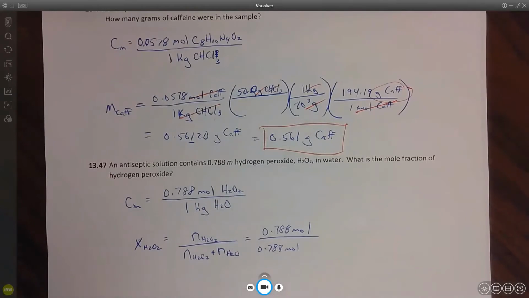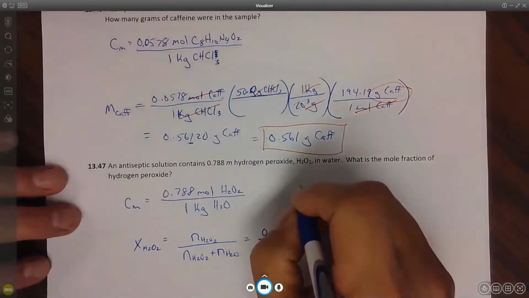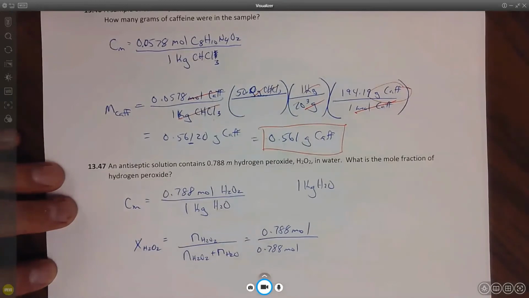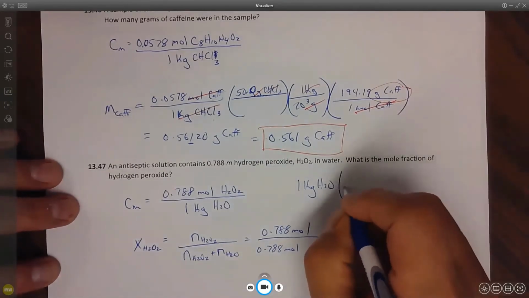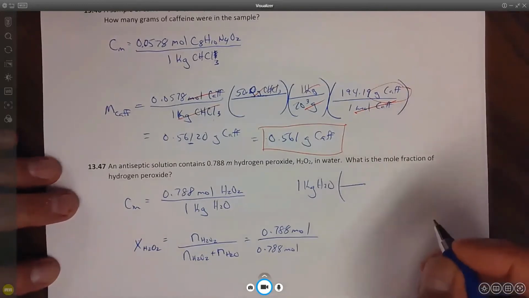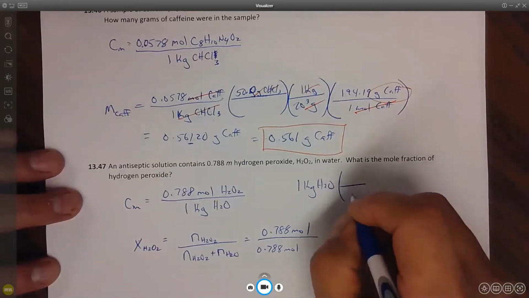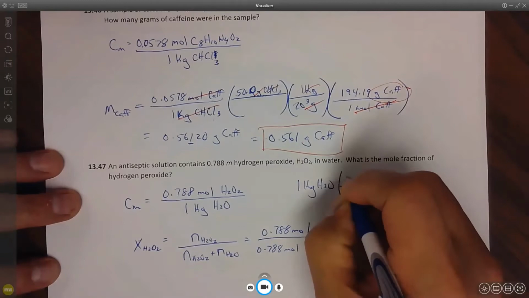That'd be 1 kilogram of water converted into moles. Okay, exactly. And how am I going to do that? Take 1 kilogram of water and multiply to get it into grams. Multiply by 1,000 over 1. Exactly right, because in 1 kilogram there is 1,000.